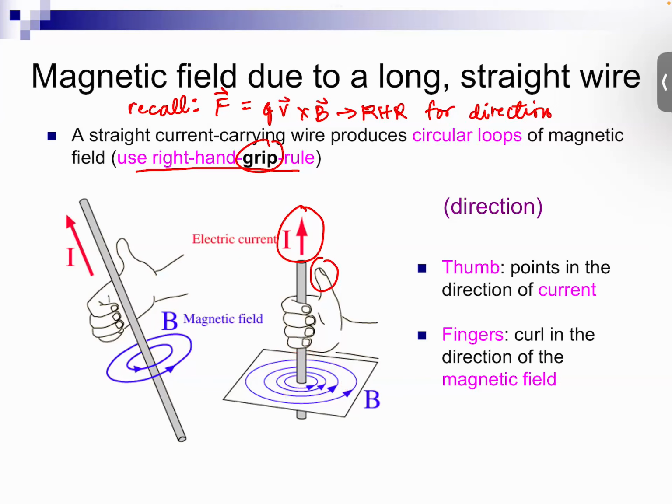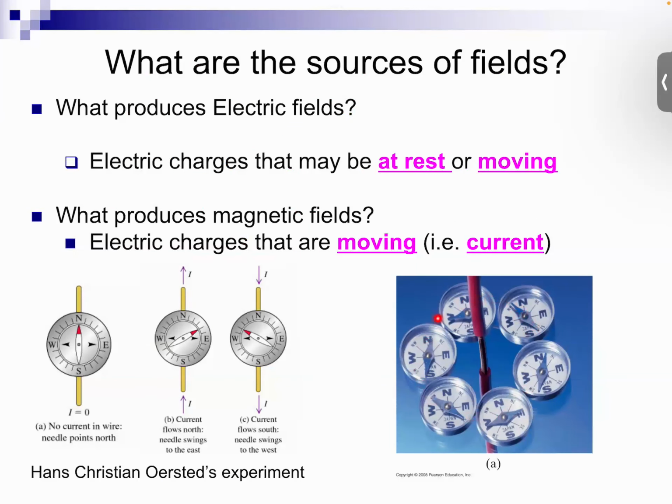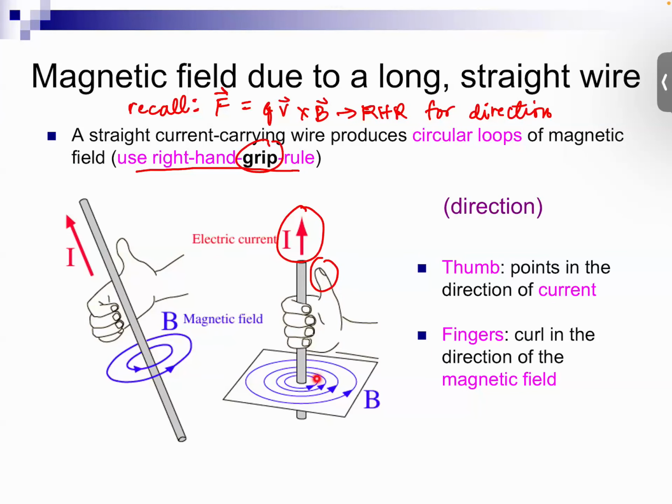It's consistent with the experimental observation that around a current carrying wire, the magnetic field forms a circular loop. Okay, so we draw the magnetic field lines as circular loops that are centered around the current carrying wire. Good. As you may have noticed, the magnetic fields are circular.